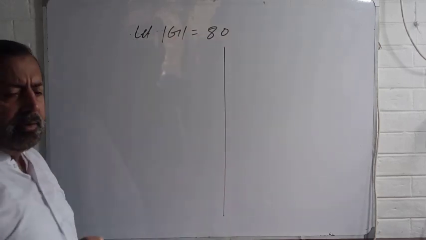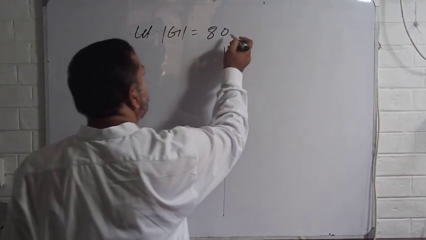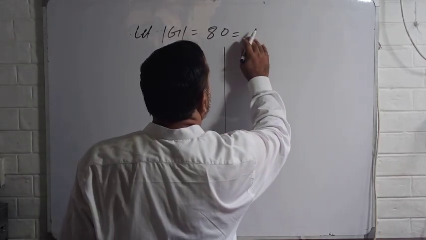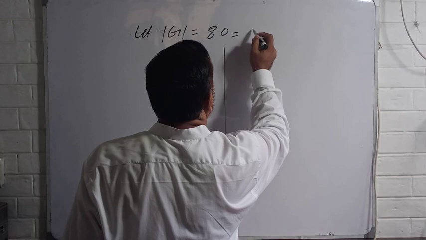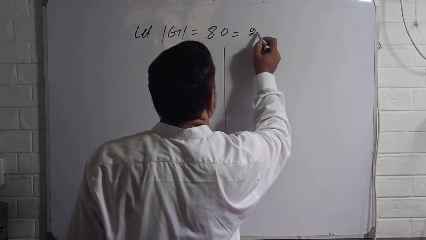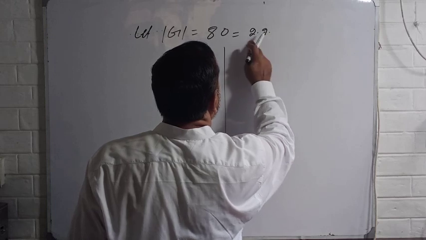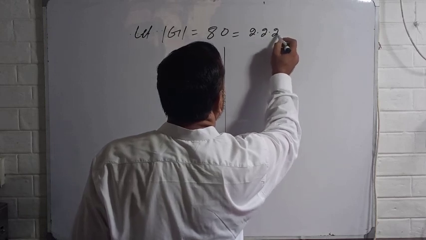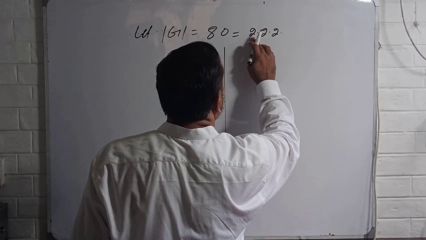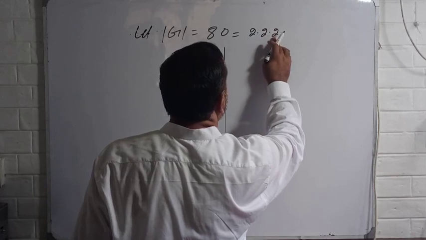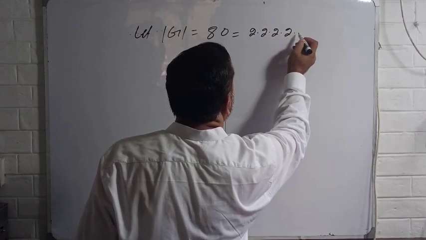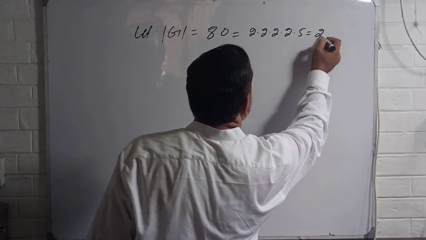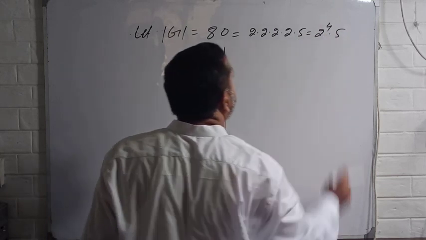Okay, so 80 can be expressed as 2 into 2 into 2 into 2 into 5. That is 2 power 4 into 5.